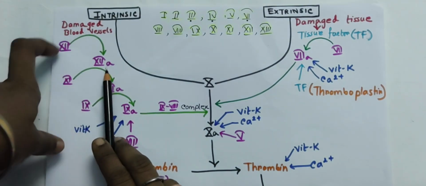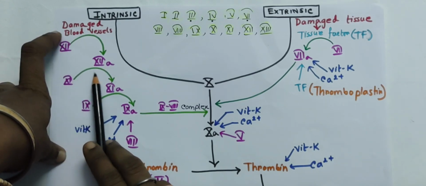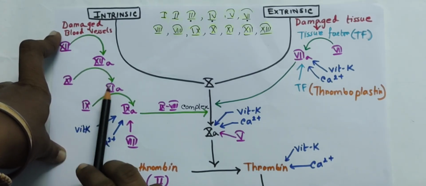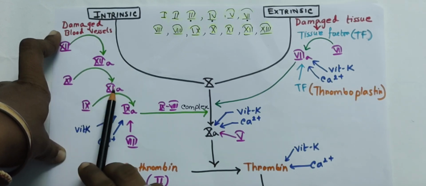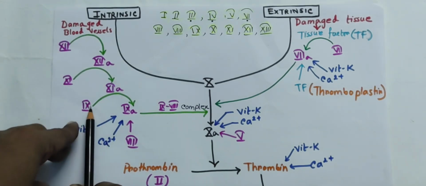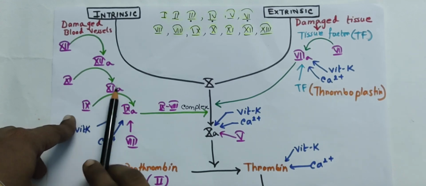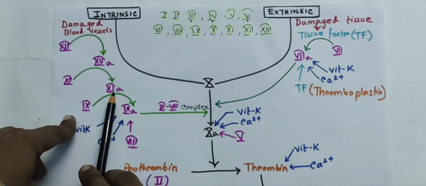Now this activated 12 transforms the inactive factor 11 to activated 11. Now factor 9 is inactive, and it becomes activated by activated factor 11.